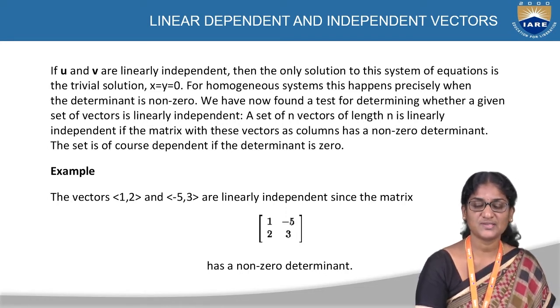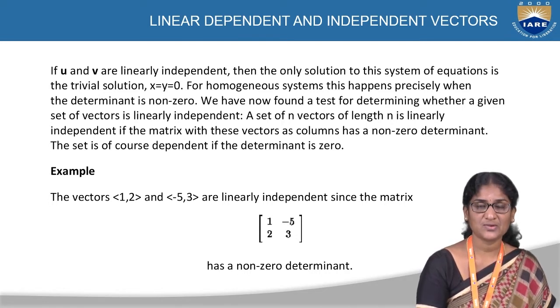For a homogeneous system, this happens precisely when the determinant is non-zero. We have now found a test for determining whether a given set of vectors is linearly independent. A set of n vectors of length n is linearly independent if the matrix with these vectors as columns has non-zero determinant. The set is of course dependent if the determinant is 0.